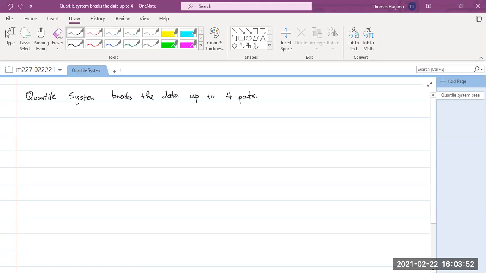Okay, so what we had before, let's say we have the data already sorted, and then the median will separate the data into lower half and upper half. This is the lower half, and this is the upper half.